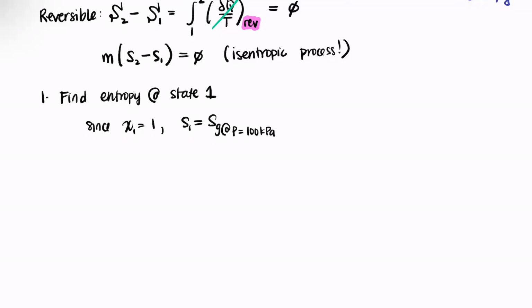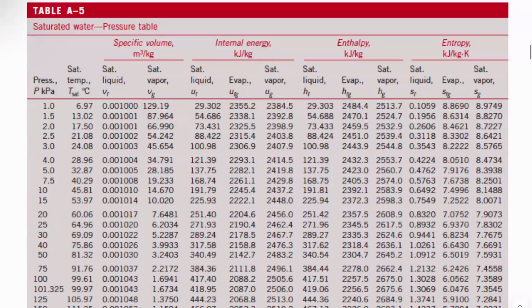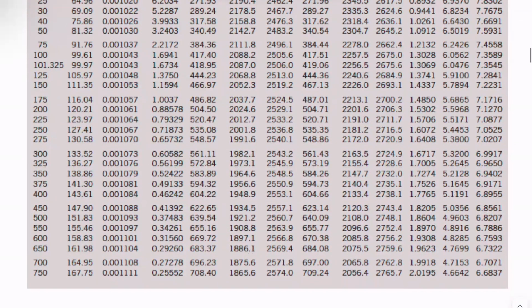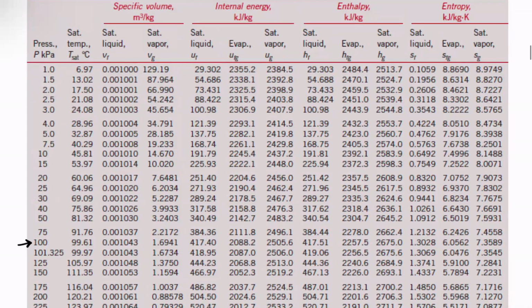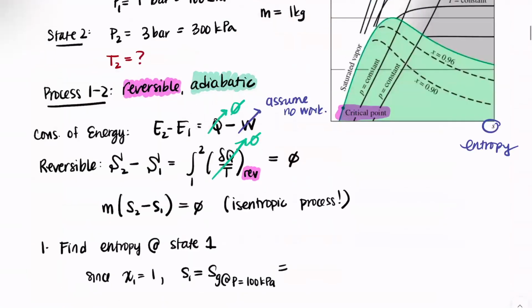All right. So let's find that in the table, which is here. Okay, so we're going to go to 100 kPa, which is here. And we are going to find SG, which is all the way over here. So we have 7.3589 kilojoules per kilogram Kelvin.